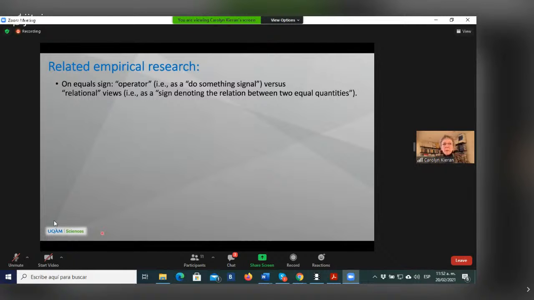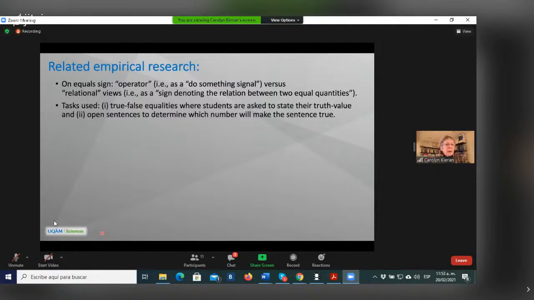With respect to some of the related empirical research, as I mentioned earlier, much of this research has focused on the use of the equal sign, the operator versus the relational view of the equal sign. The tasks that are used in much of this equal sign research have involved true-false equalities, where students are asked to state their truth value, and open sentences to determine which number will make the sentence true.